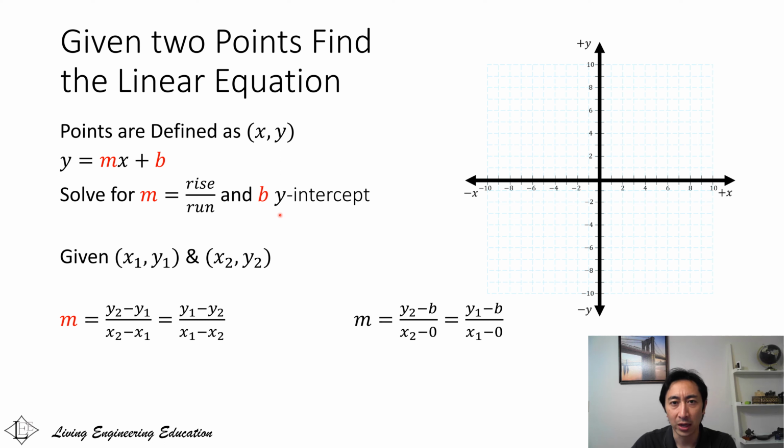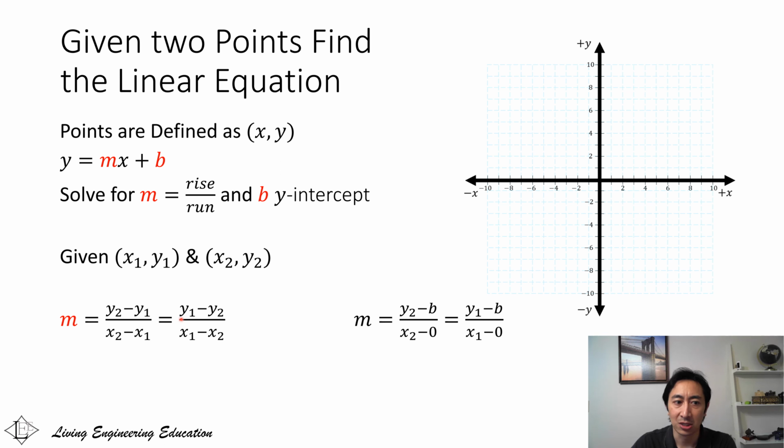But because I know I can be asked to solve for the linear equation for an infinite amount of 2 points, I can write out an equation using x1 and y1, x2 and y2 to define my slope. Remember, the slope is defined as delta y over delta x. So I can either write that as y2 minus y1 over x2 minus x1, or I can write it as y1 minus y2 over x1 minus x2.